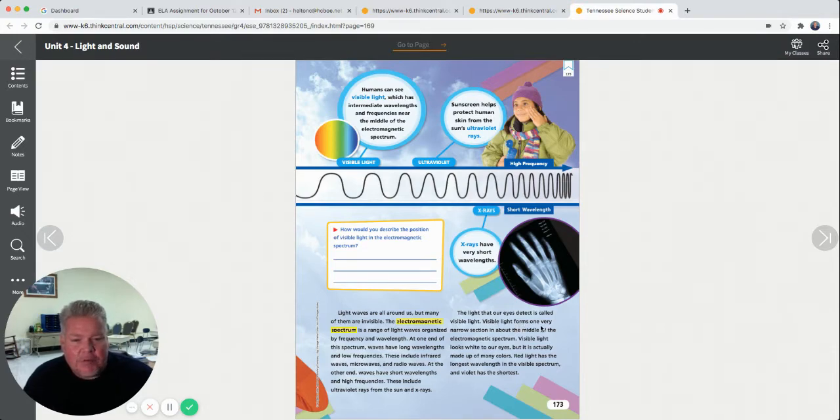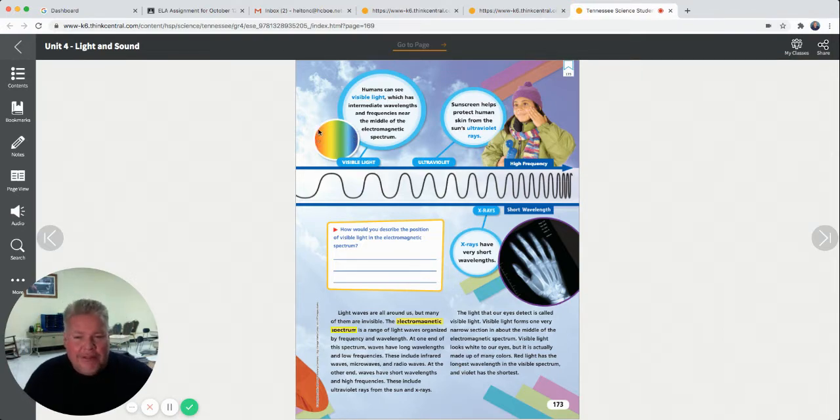Visible light forms one very narrow section in about the middle of the electromagnetic spectrum. Visible light looks white to our eyes, but it's actually made up of many colors. Red light has the longest wavelength in the visible spectrum, and violet has the shortest. So I don't know if you've ever studied the colors of the rainbow.